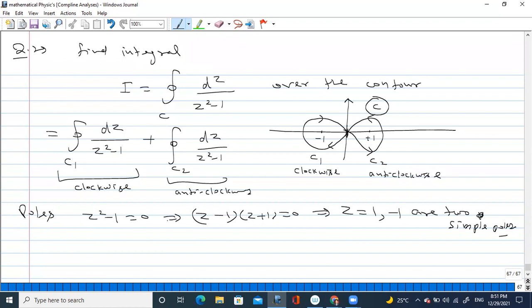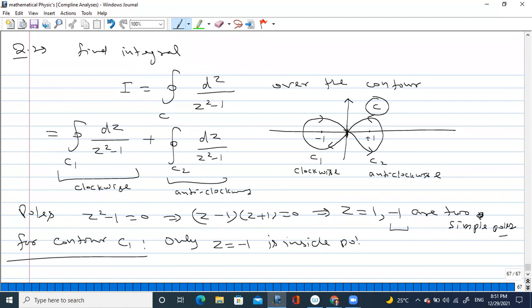Okay, now for contour C1, tell me, for contour C1, only z equal to minus 1 is the inside pole. So only for that I need to find the residue.